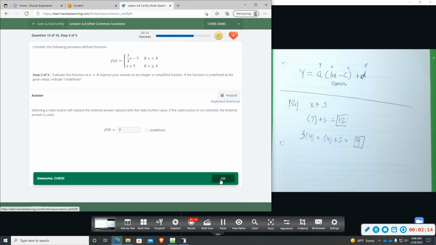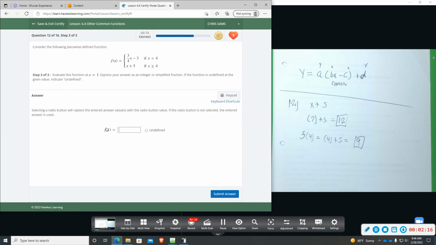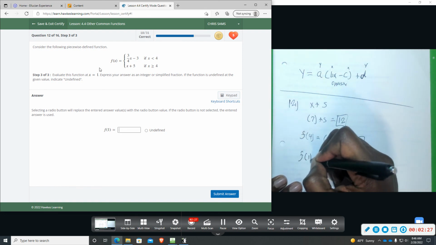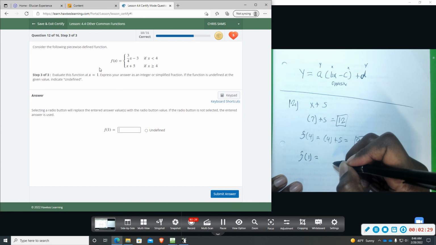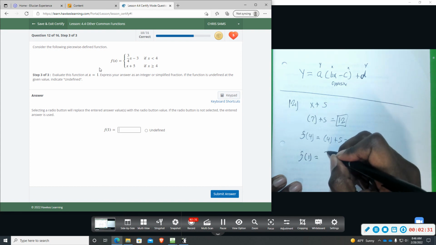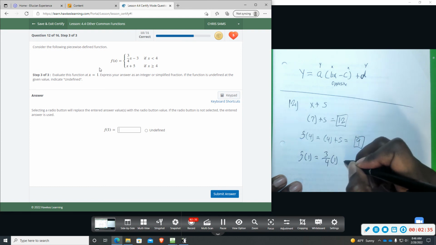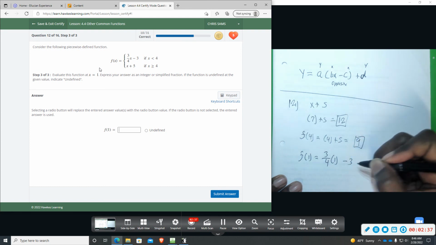And then we want to plug in 1, and when we plug in 1, that's going to be the first function. f of 1 is 3 over 4 times 1 minus 3.